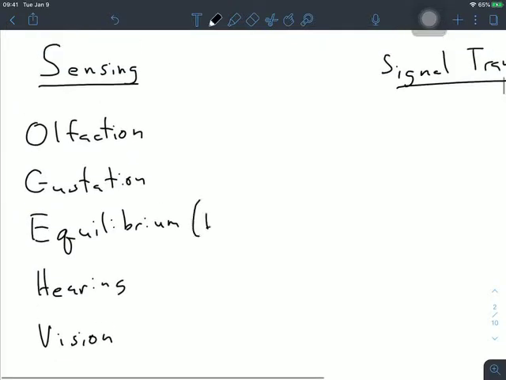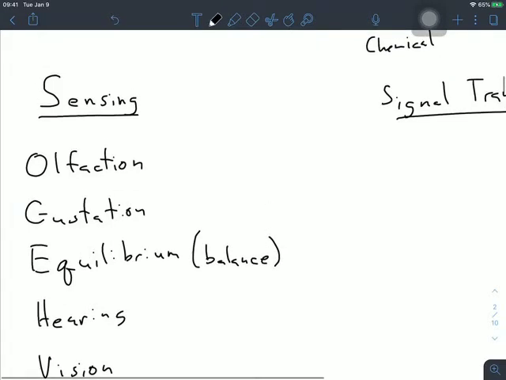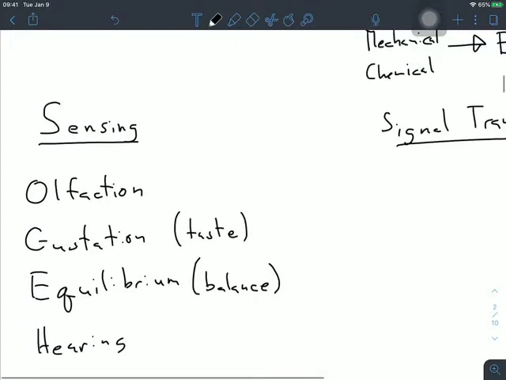Equilibrium is your sense of balance. Gustation is your sense of taste. And olfaction is your sense of smell.